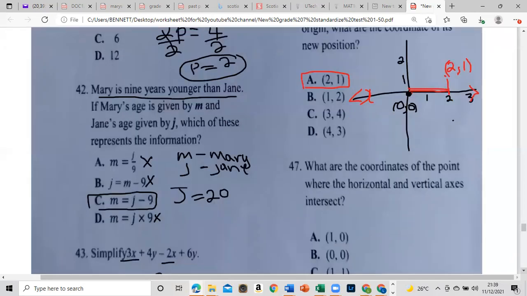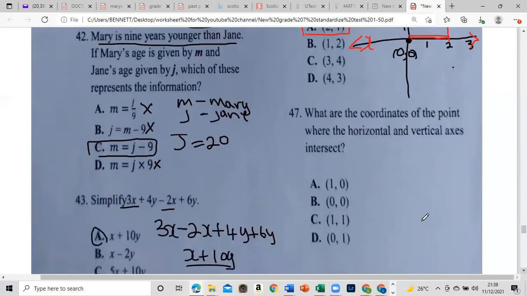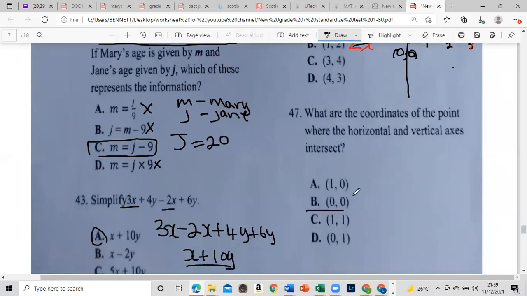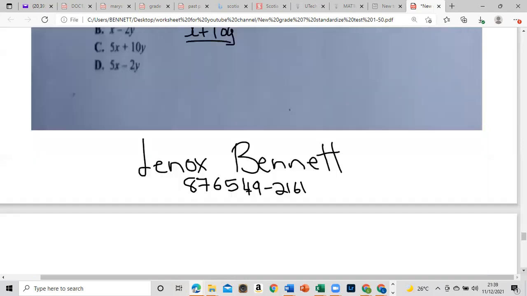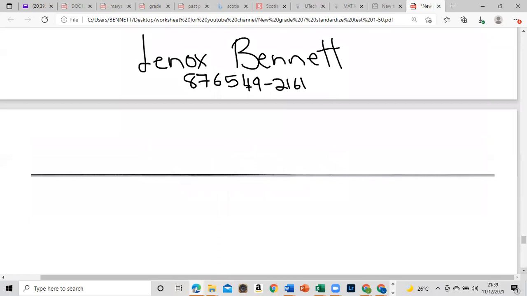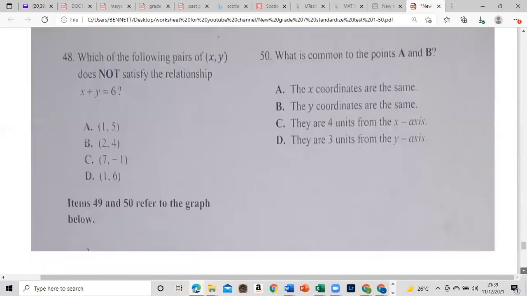What are the coordinates of the point where the horizontal and the vertical axis intersect? And I just showed you, ironically, that the point 0, 0 is the origin. Alright, next.